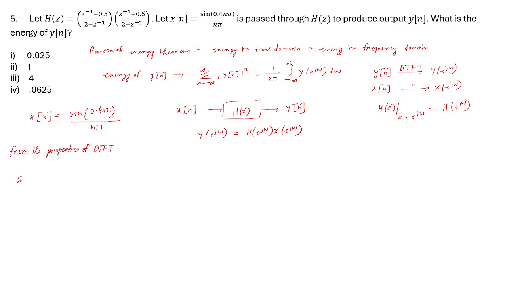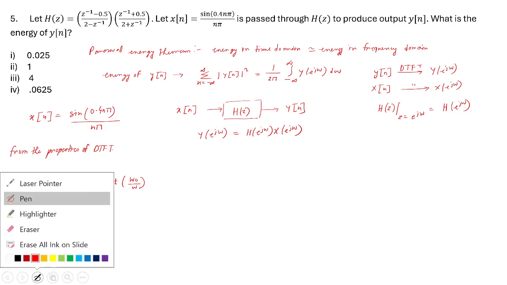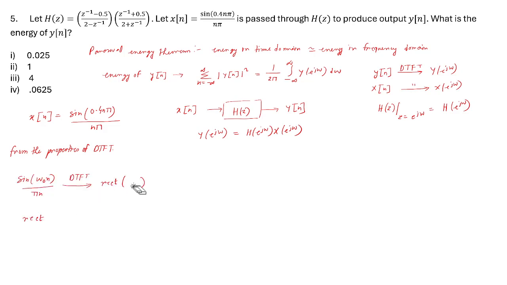You have sin(ω0 n) by πn. If you take the DTFT of that, you get a rectangular function basically, and sorry, actually not correct.